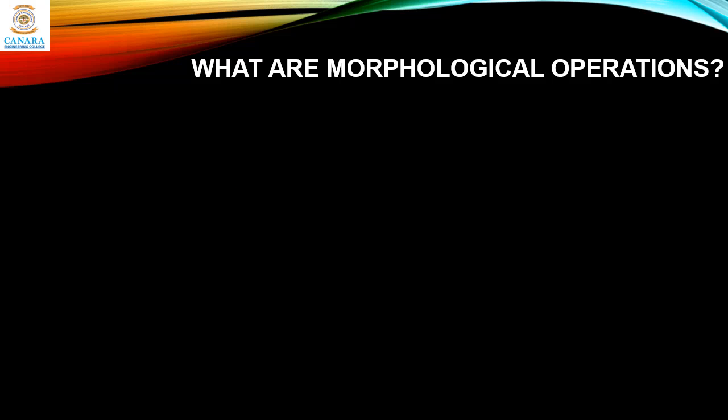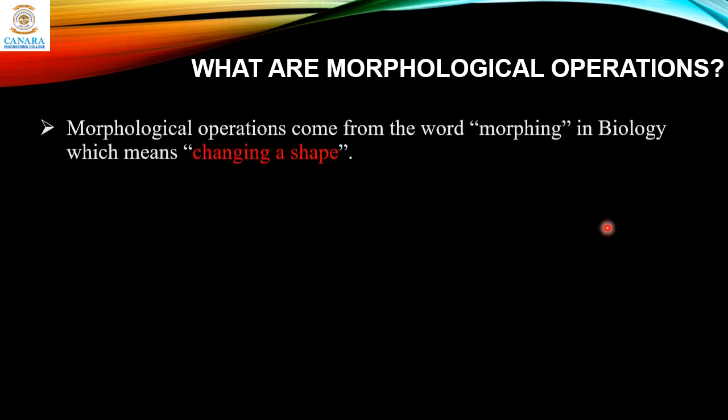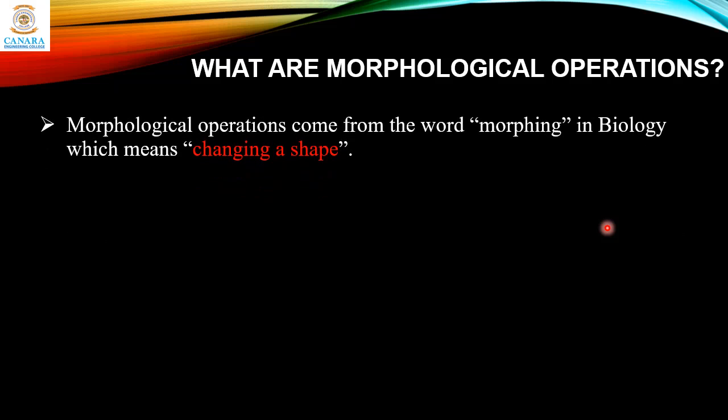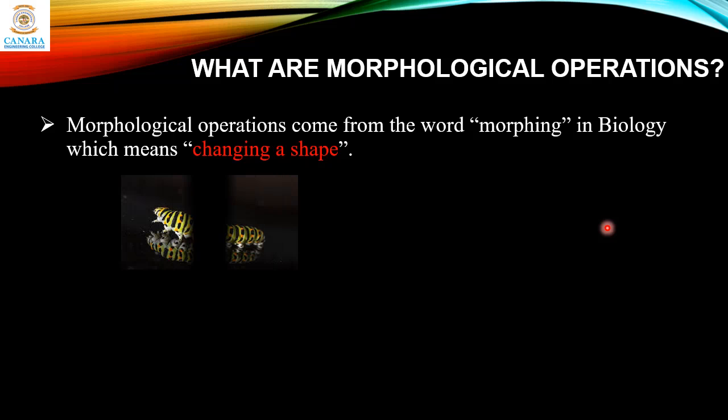The first question is, what are morphological operations? The term morphological operations comes from the word morphing in biology, which means changing a shape. You might have heard about this phenomenon where a caterpillar morphs into a butterfly.